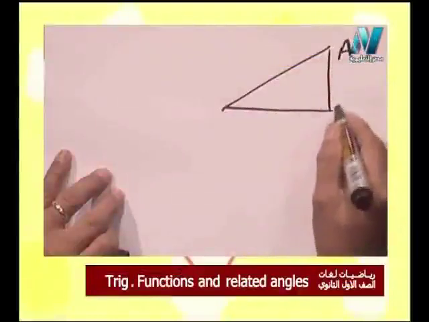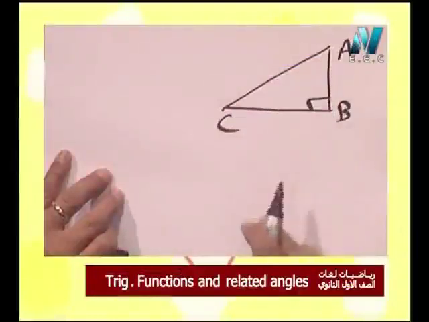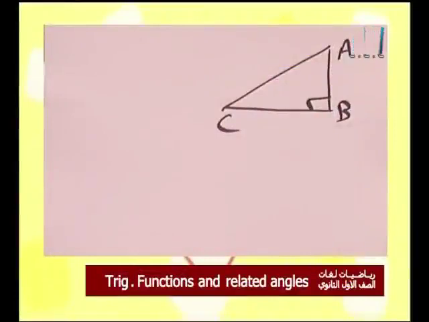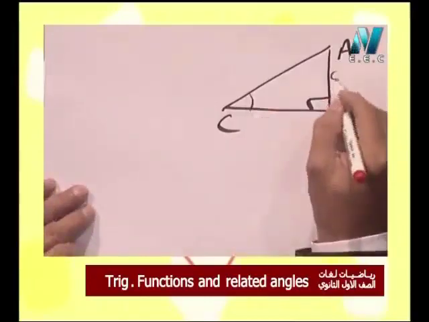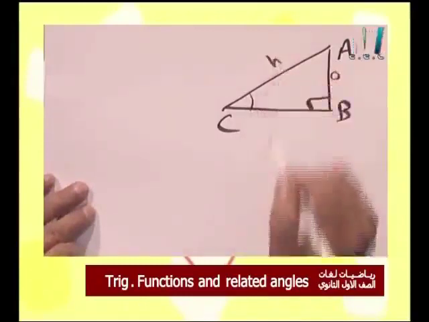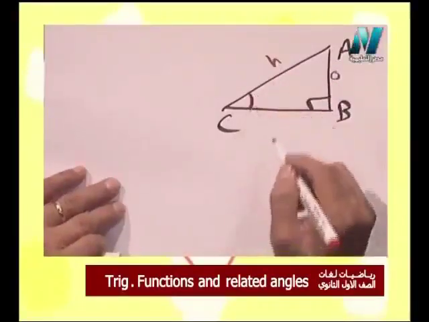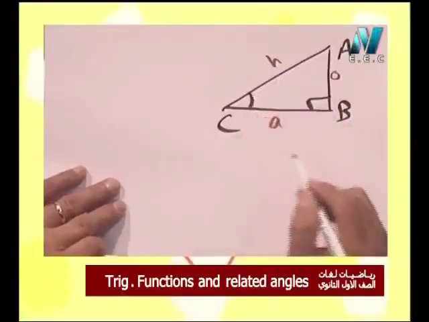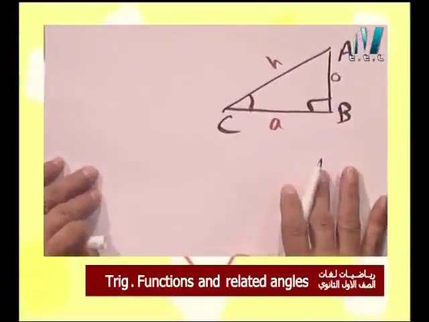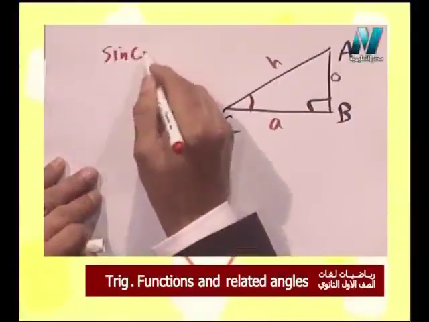If we have a right angle triangle ABC, B is the right angle here, and we want to find all trig functions. Sine C equals opposite over hypotenuse, cosine C equals adjacent over hypotenuse, and tan C equals opposite over adjacent.